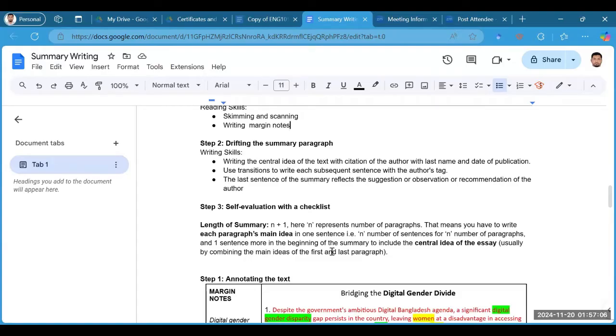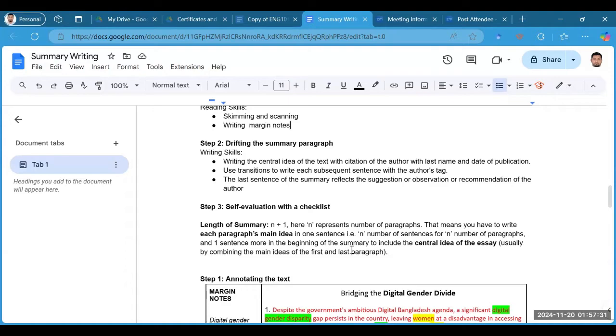The first sentence is an overall representation of all the ideas as a combined central idea. And that means you have to write each paragraph's main idea in one sentence. So n sentences for n paragraphs, and one sentence for the central idea. So it is altogether n plus one.